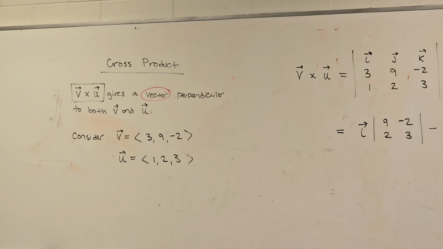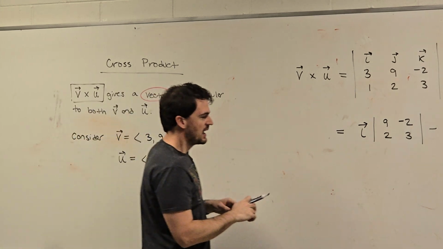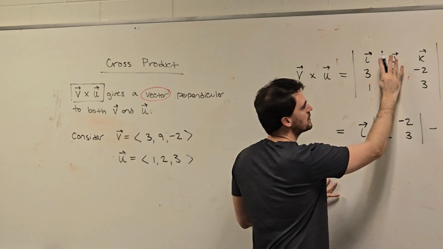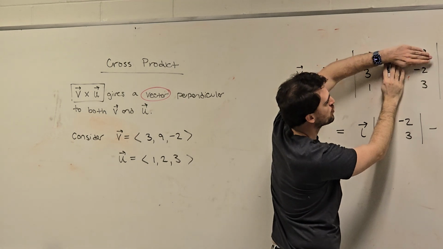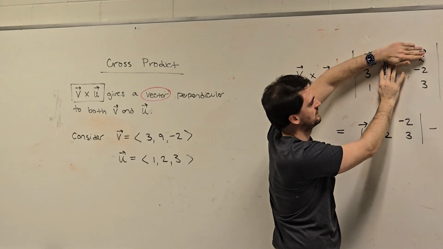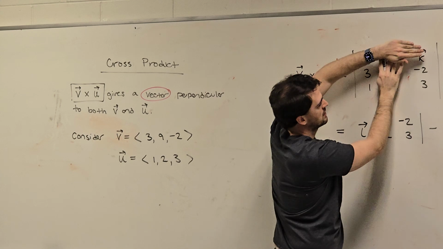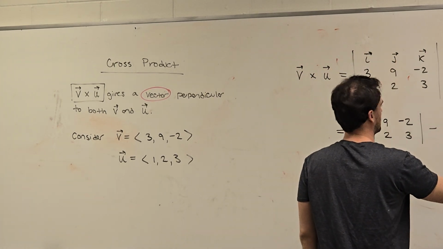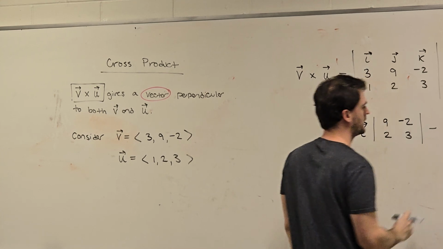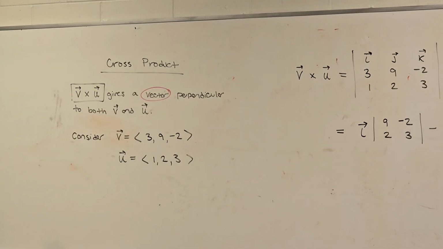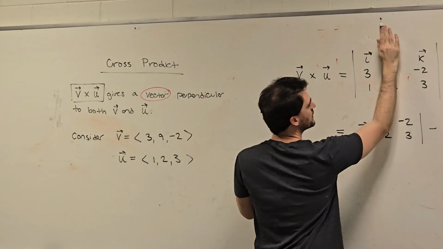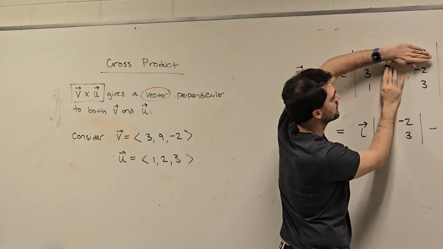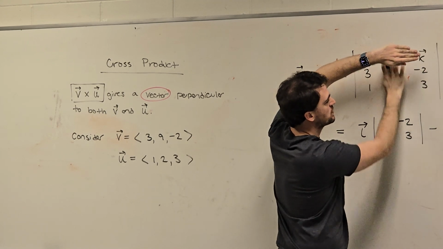Then it's going to be minus j hat. The middle one's always going to be negative. Same idea: cover the column and the row that has j hat in it, and you're left with a 2x2 matrix. So for j, I'm covering up the column that has j and the row that has j, and I'm left with 4 entries.